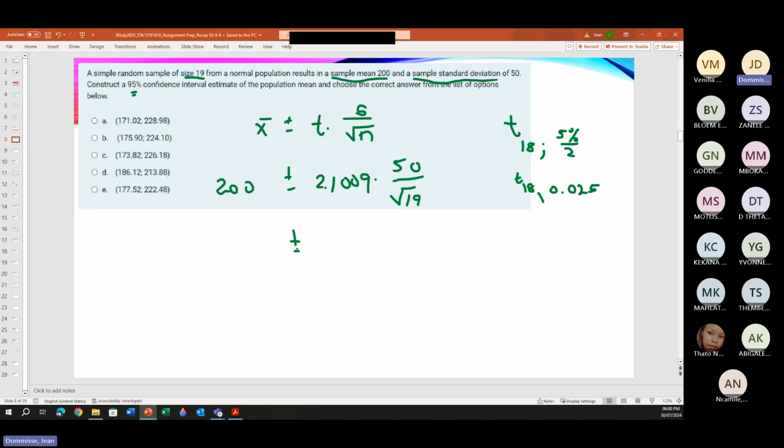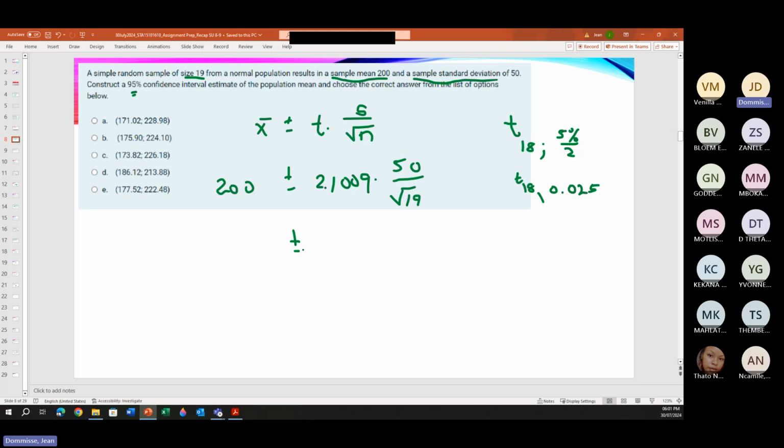Okay, so let's see what we get here. 50 divided by the square root of 19. I get 4.3589. So 50 divided by that gives me 11.4709.